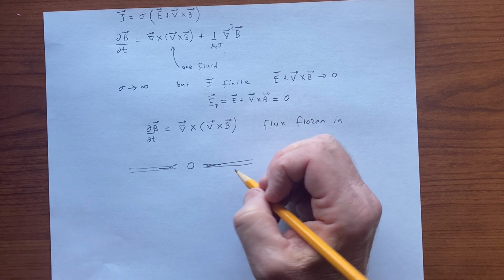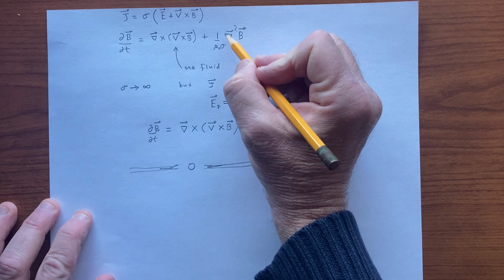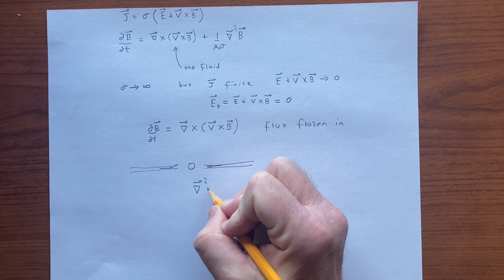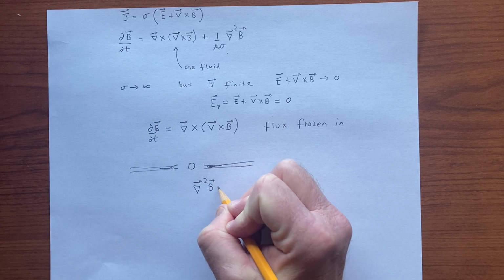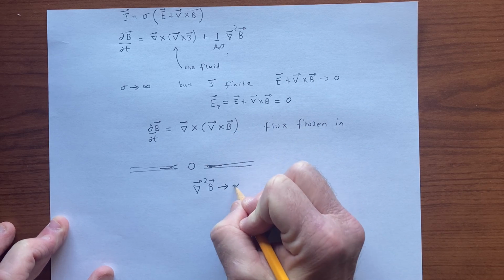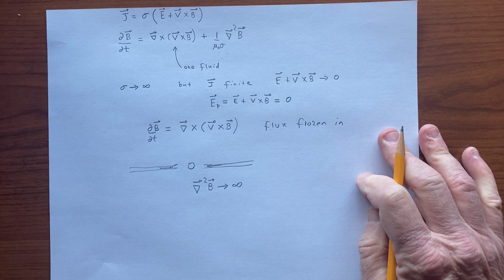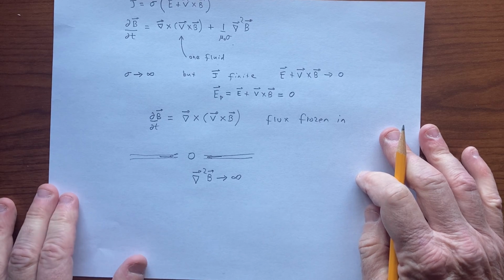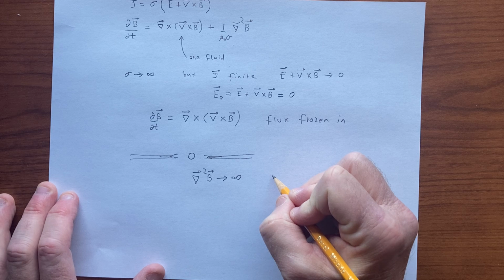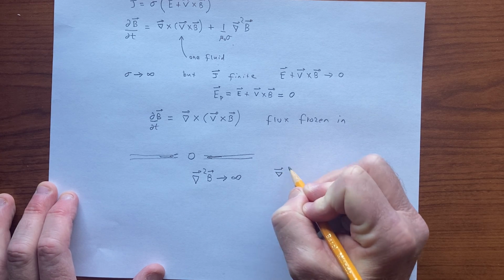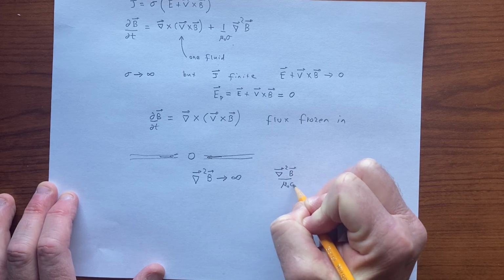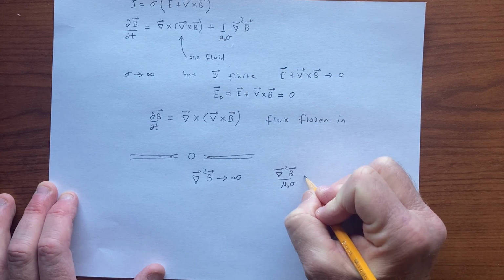So if the field gets tangled up, that sort of speaks to this term. So what we're saying is that this term starts to increase, and if it increases dramatically, it can go to infinity as you, in an unconstrained way, allow the field to be completely tangled up. So what do we make of this term?